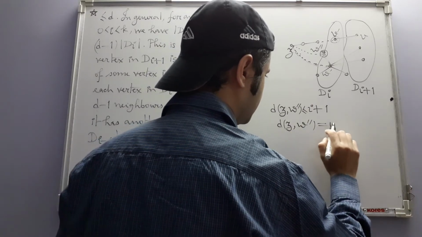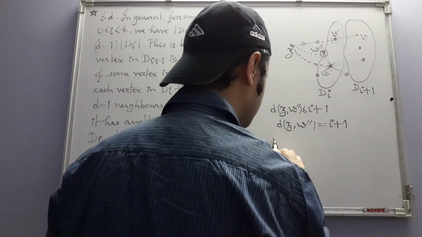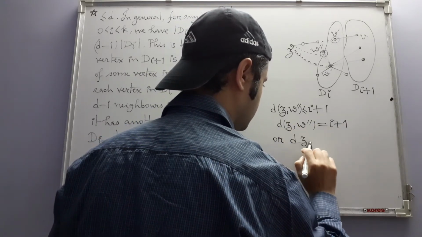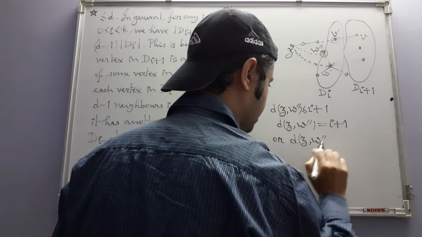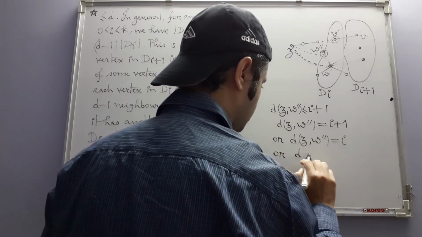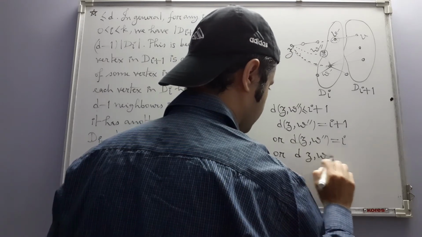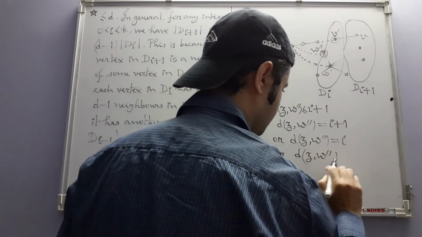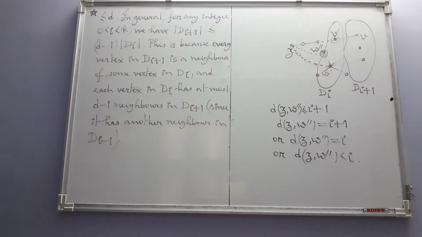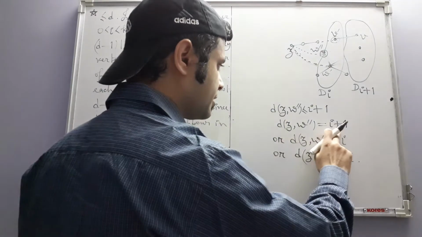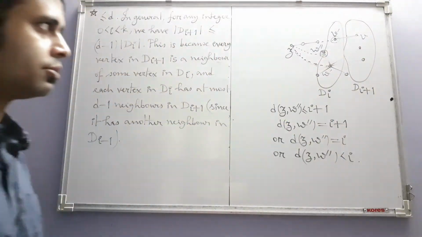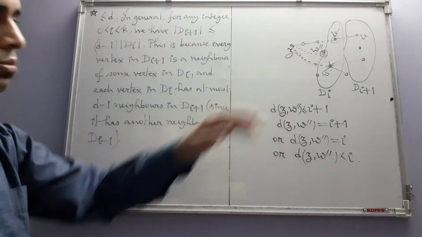It can either be I plus 1, coming from this inequality, or it can be I, or it can be less than I. If the distance is I plus 1, then clearly that vertex belongs to di plus 1.